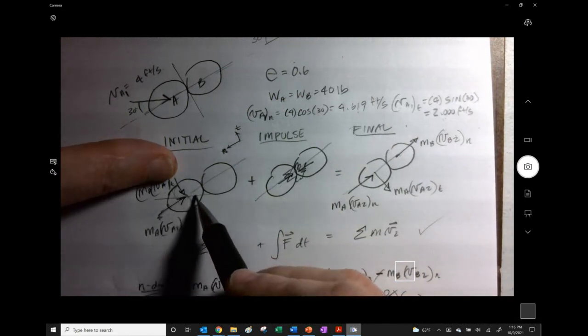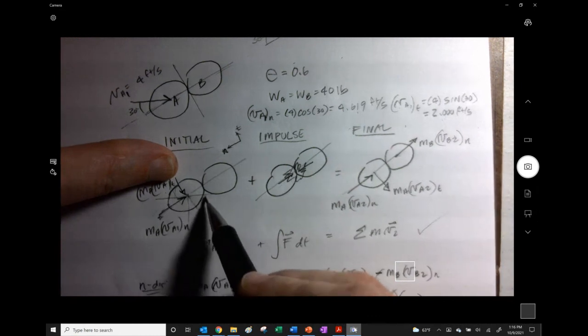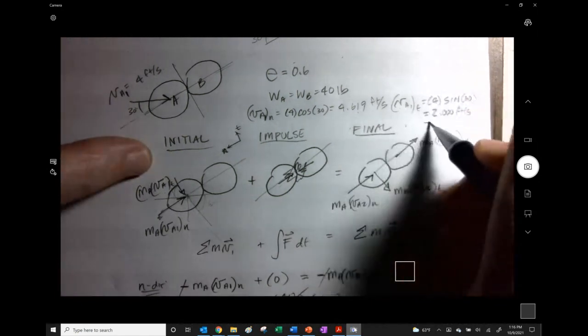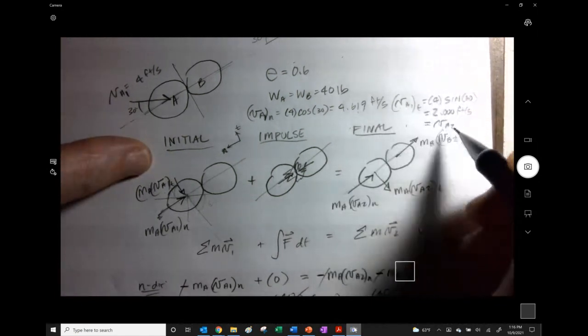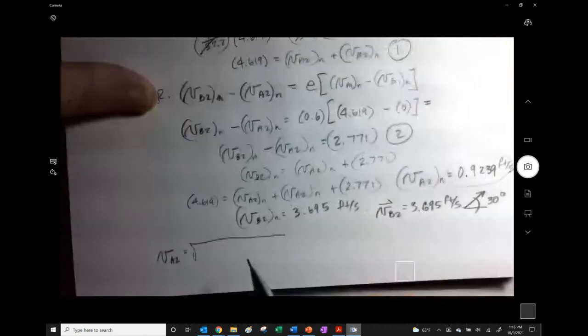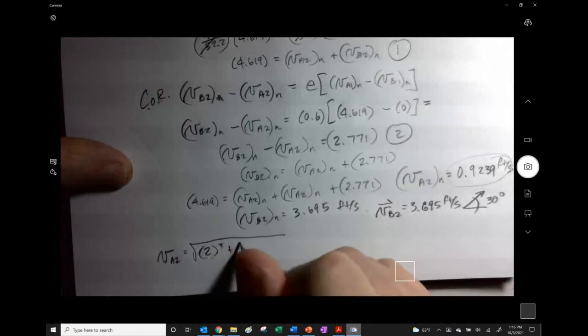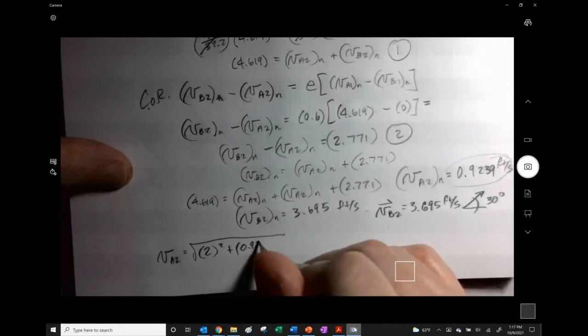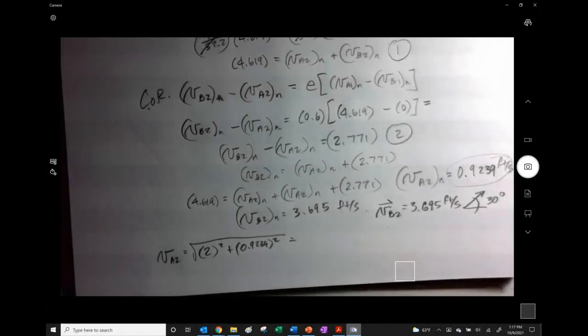I'm trying to think of what angle it's going to be. I guess it would say that it was 60 degrees from right here is the angle this is moving right here. This is also going to equal VA2t. So we're going to take that 2 squared plus our 0.9239 squared, square root.